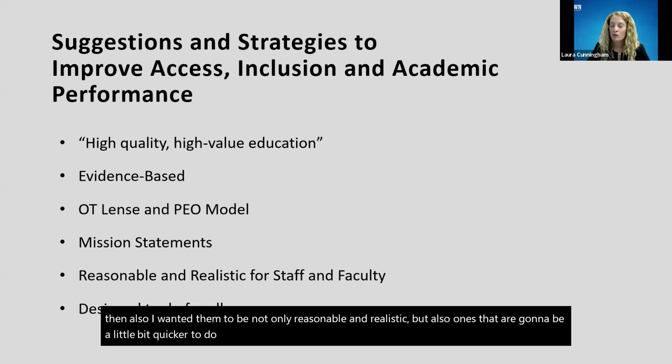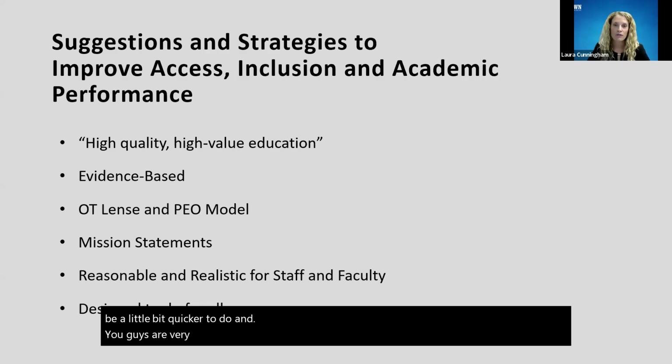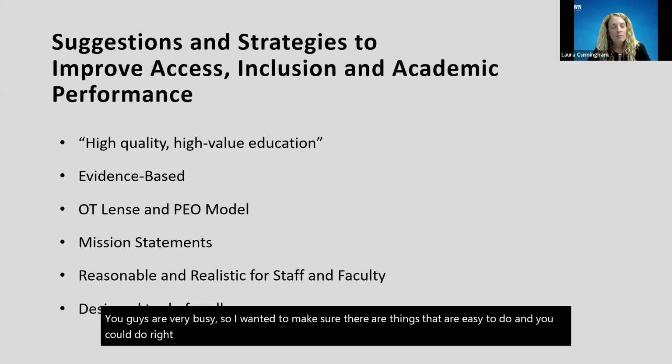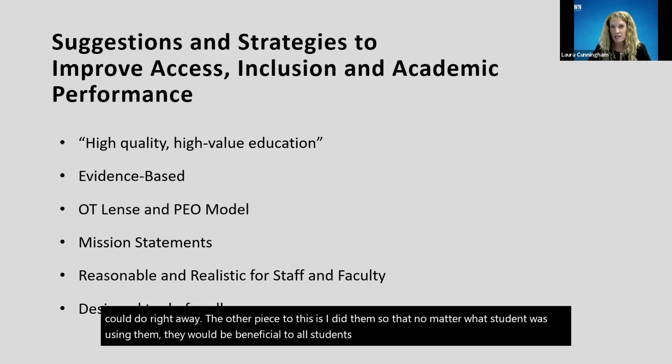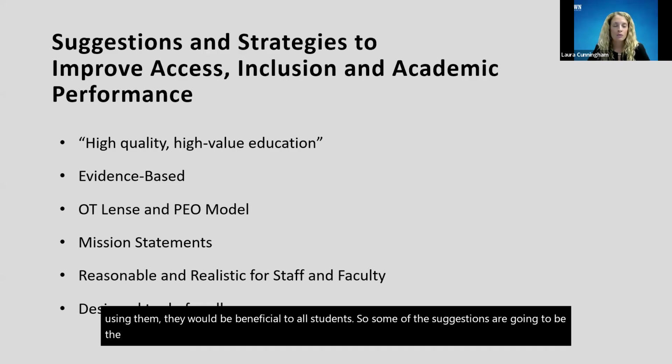You guys are very busy. So I wanted to make sure they're things that are easy to do and you could do right away. The other piece to this is I did them so that no matter what student was using them, they would be beneficial to all students. So some of the suggestions are going to be the same you'll see that you would also do for someone with, say, a visual impairment.